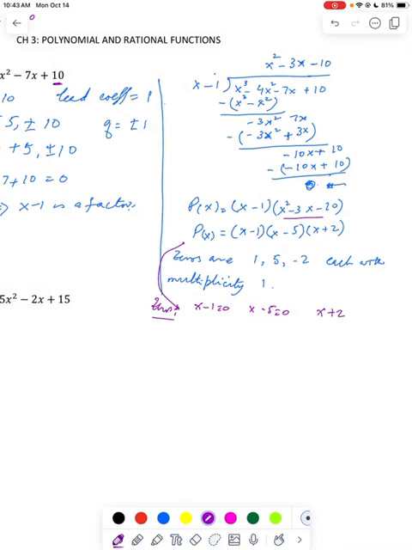And then you get x is equal to 1, x is equal to 5, x is equal to negative 2. Each of them is multiplicity 1, and here is the polynomial written in factored form.